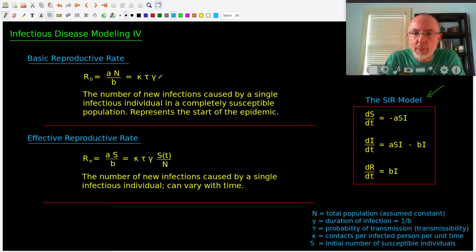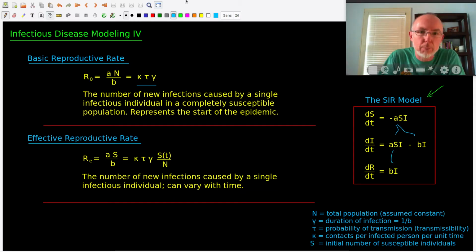They're sick for gamma days, and so you multiply that by the probability of infection, the fraction of interactions that lead to infections, and then you get the total number of infected people. And you can relate that to the A, the B and the N. The N's the total population, but A and B are the constants that appear in our model down here.